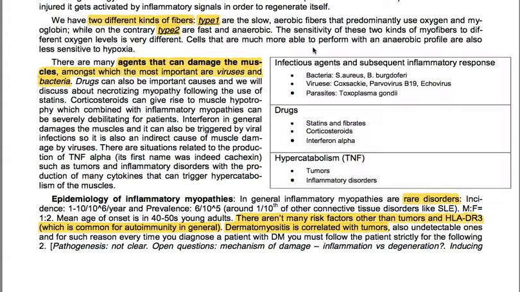Bacteria like Staphylococcus aureus, Borrelia burgdorferi, viruses like Coxsackie, Parvovirus B19 and Echovirus, and parasites like Toxoplasma gondii. Drugs are statins and fibrates, corticosteroids, and interferon alpha, and hypercatabolism due to TNF like in tumors and inflammatory disorders.